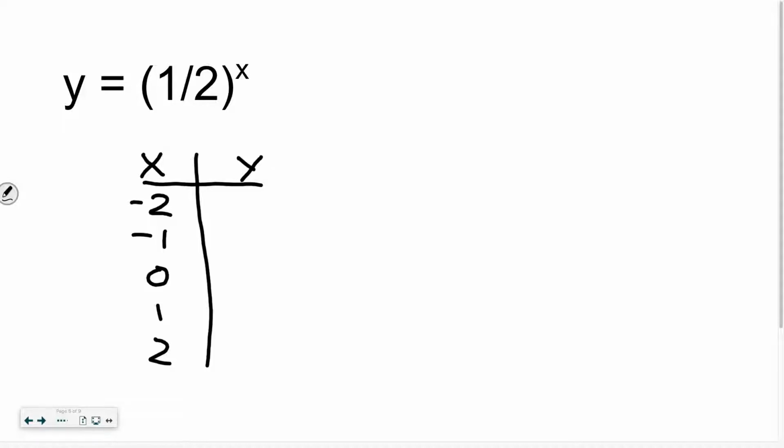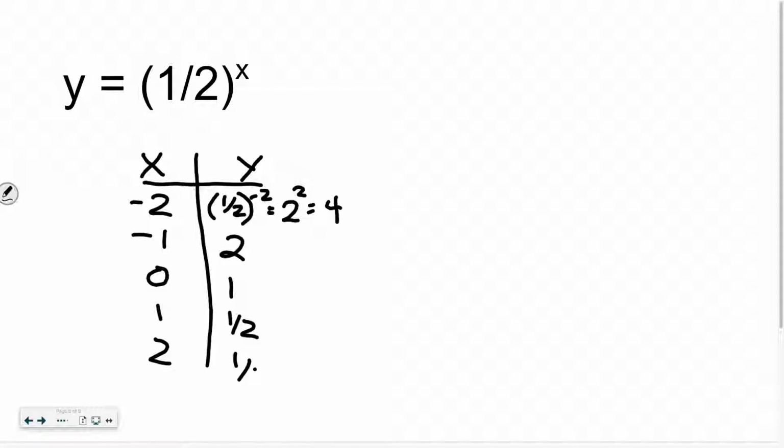Okay, what happens when you take 1/2 and you raise it to the -2? Does it become a non-fraction? It becomes a non-fraction. So now it's 2 squared, which is 4. And then 1/2 to the -1? 2. 1/2 to the 0? 1. 1/2. 1/4.